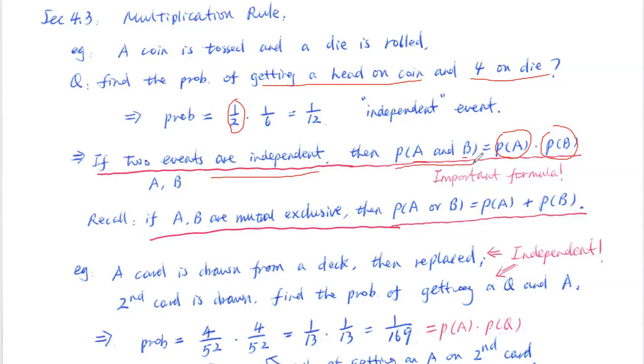Now, compare with what we just learned, so that I put them together and you don't get confused. We just learned that if A and B are mutually exclusive, then the probability of A or B, keyword here, everybody, or, is equal to P(A) plus P(B).